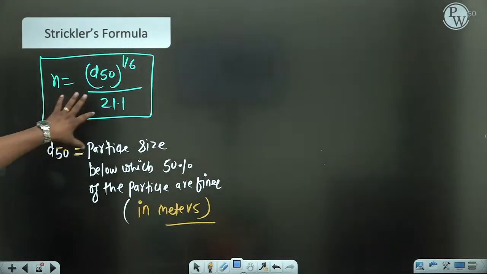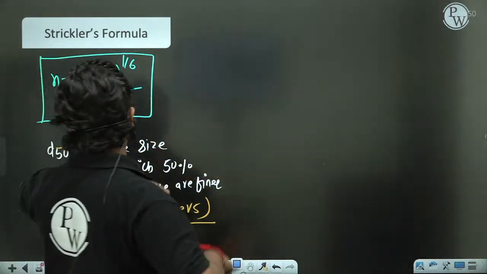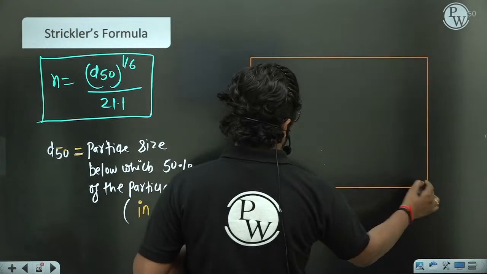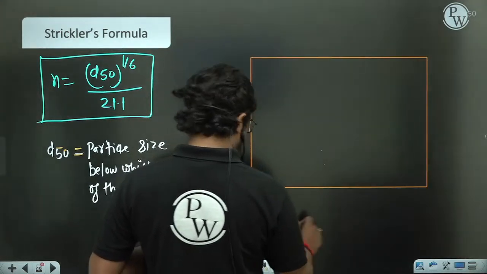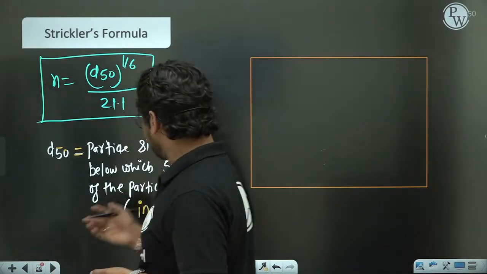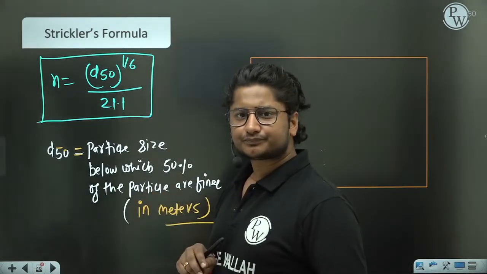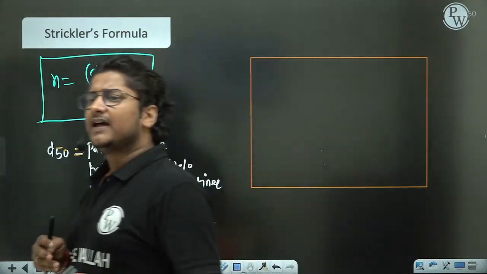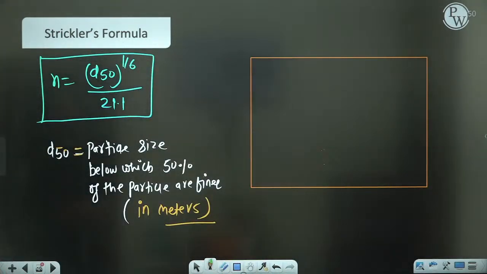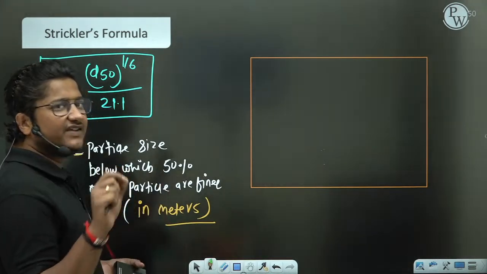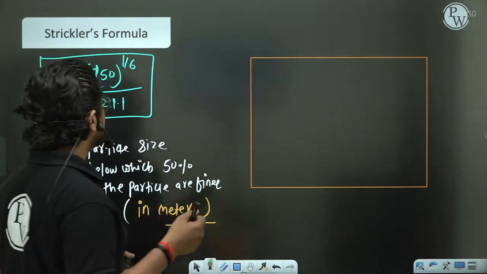Sometimes a small concept can be asked in the Strickler equation. For example, a site engineer, instead of using meter, has used mm. Now whatever n he gets will be a wrong value.